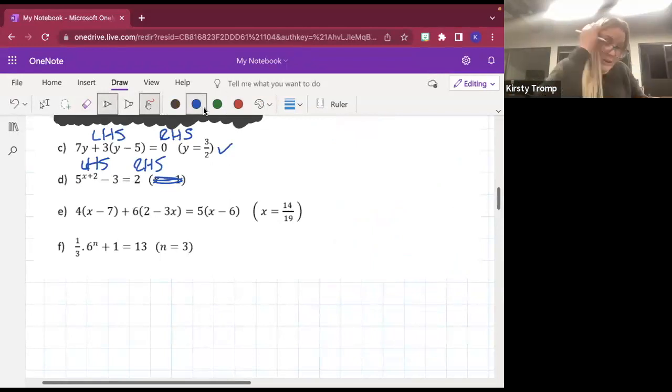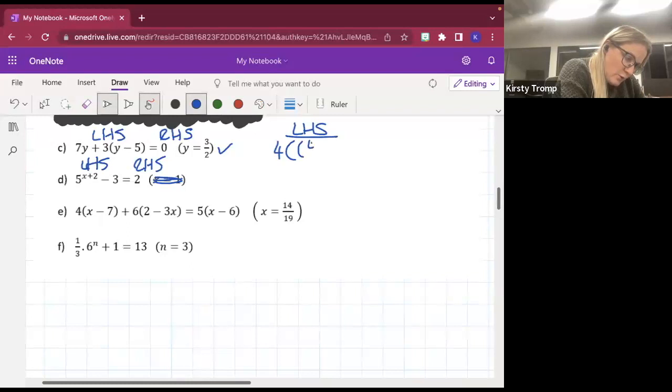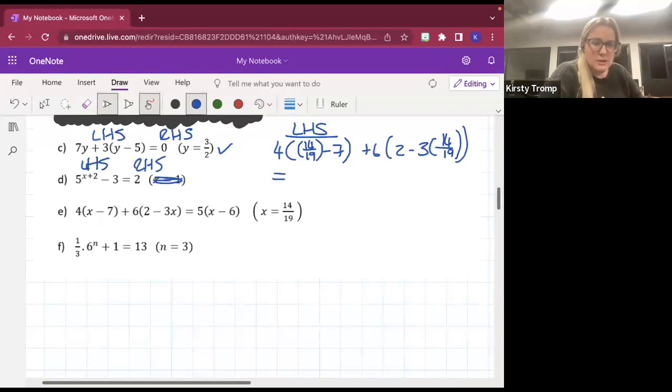So for D, what have I got? On the left-hand side, 4 open brackets, 14 over 19 minus 7, plus 6 open brackets, 2 minus 3, 14 over 19 equals.